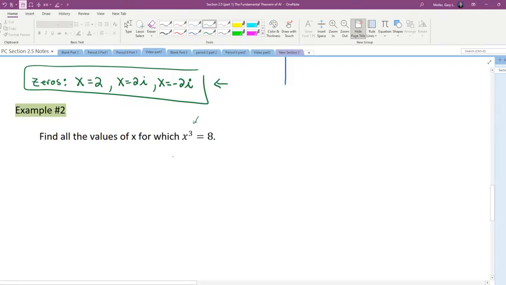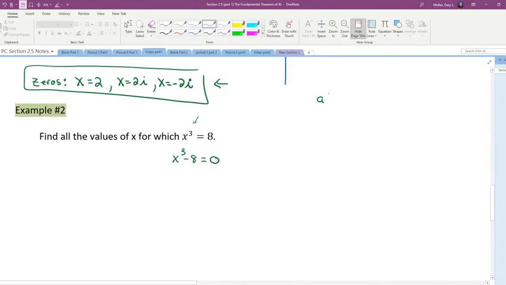Well, if we move the 8 over, I get x cubed minus 8 equals 0. If you remember the rule that you briefly learned in Algebra 2, there's a shortcut here for the difference of two cubes. I know this is going to factor because I know the rule.